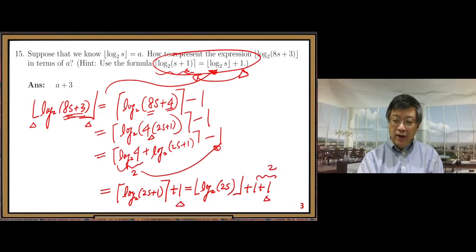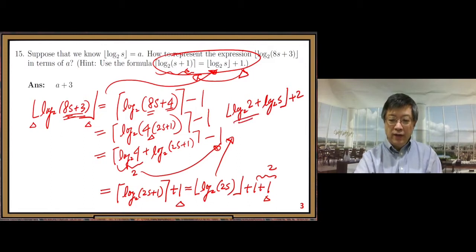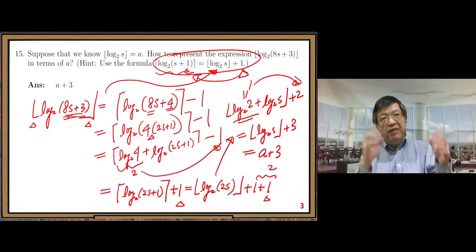But 2 times s, you have another 1 out. So this you have another 1, 2 plus 2, right? That is an integer, you can take it out of the floor function. Combine with 2, you get 3. So you get s floor function plus 3. Using our notation, 8 plus 3. See? That's how you get there.